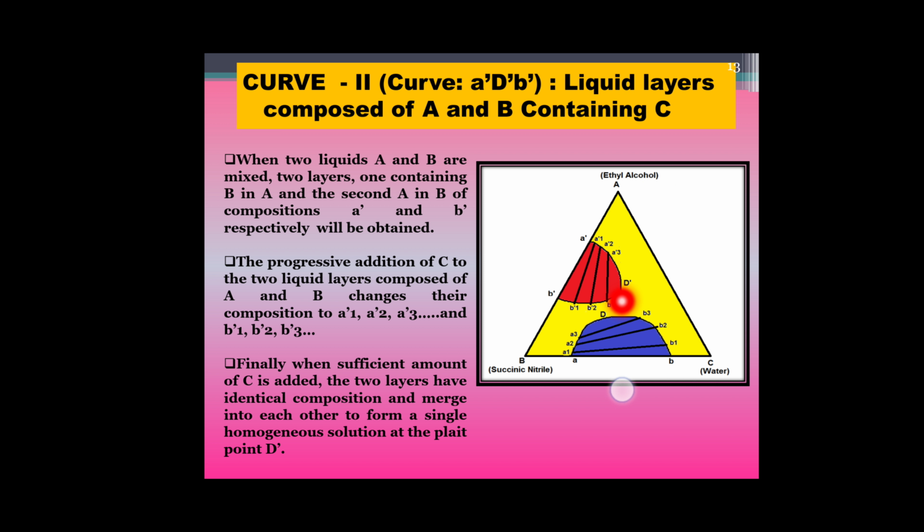So this is the second plait point, D dash, for the curve A dash, D dash, B dash, which is shown here by the red color portion.